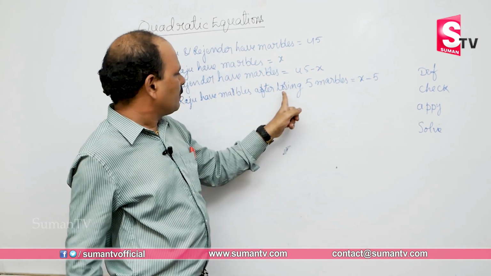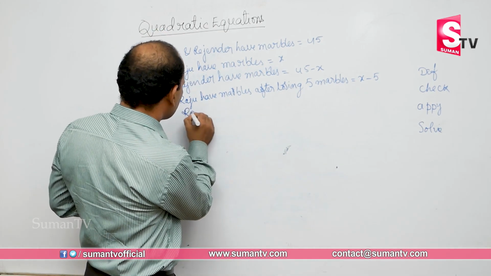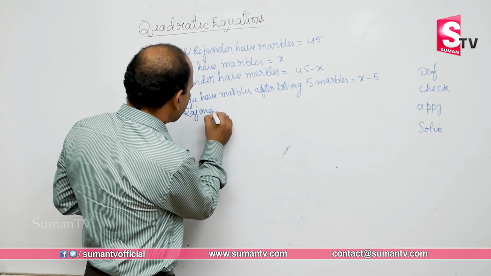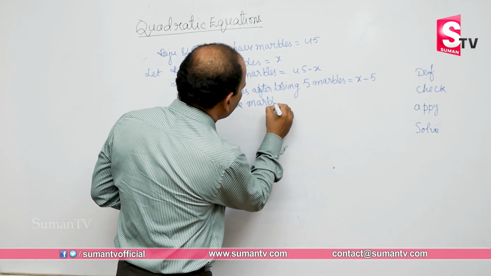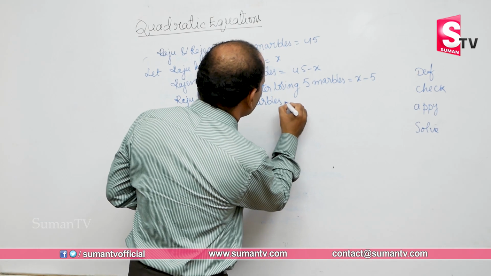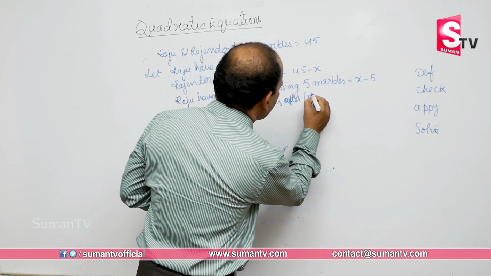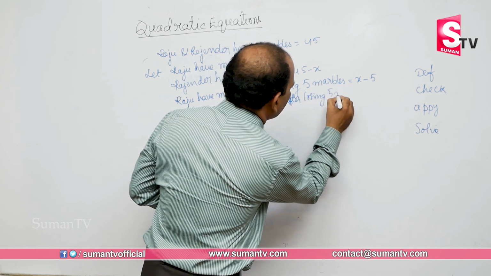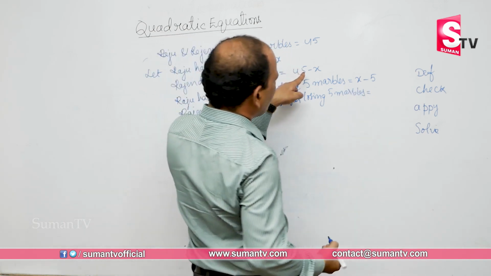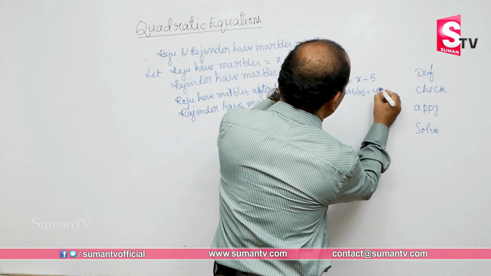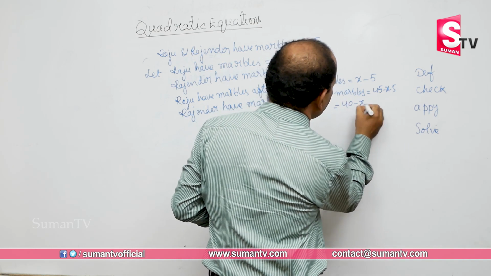Next, Rajendra has marbles after losing 5 marbles equal to, here also we have to subtract 5 from 45 minus x. 45 minus x minus 5 is equal to 40 minus x.